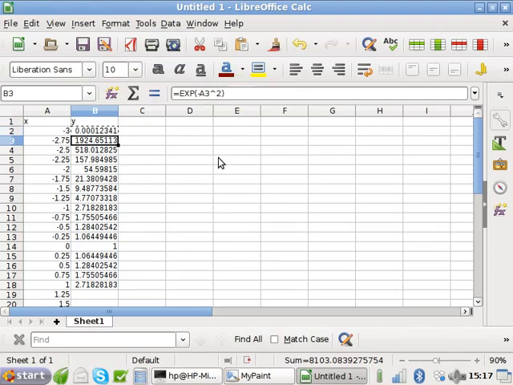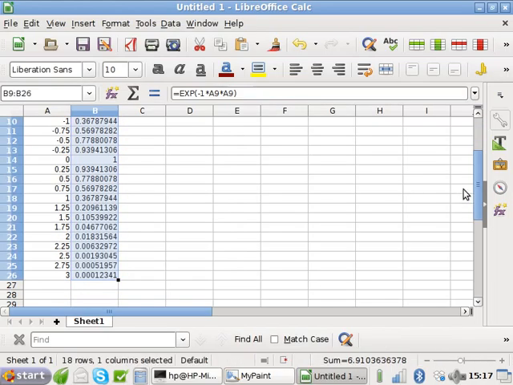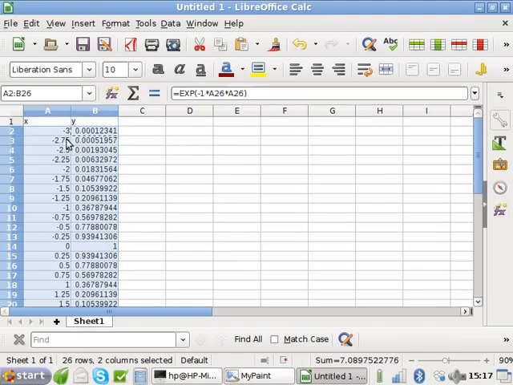Right, so I've got the x and y's, and then I shall make the graph.